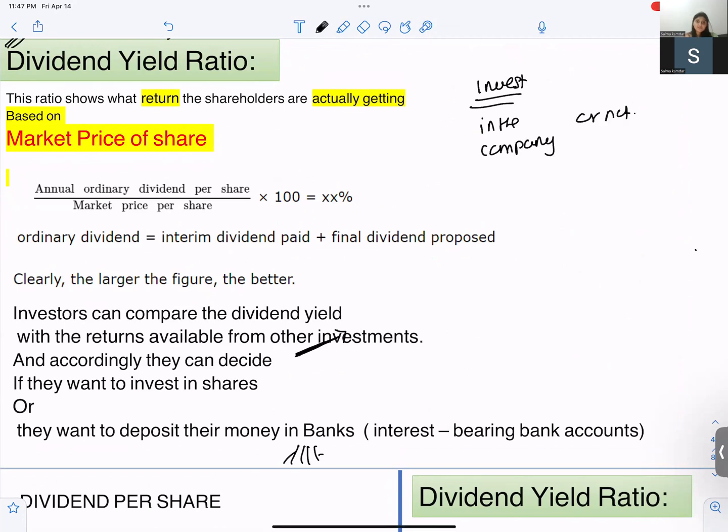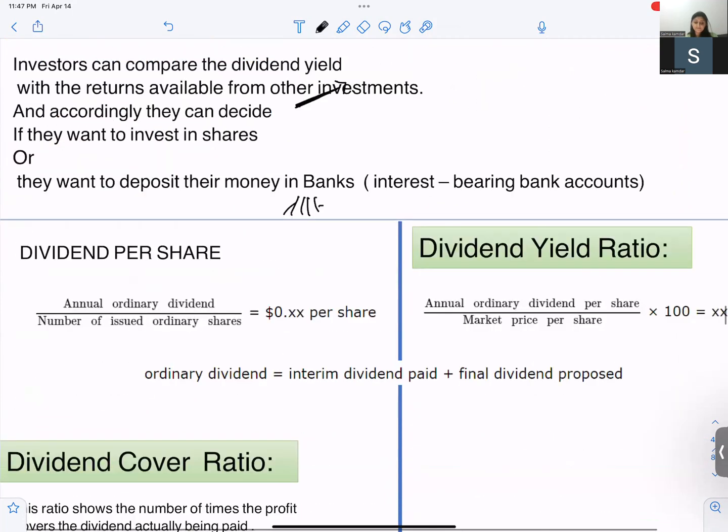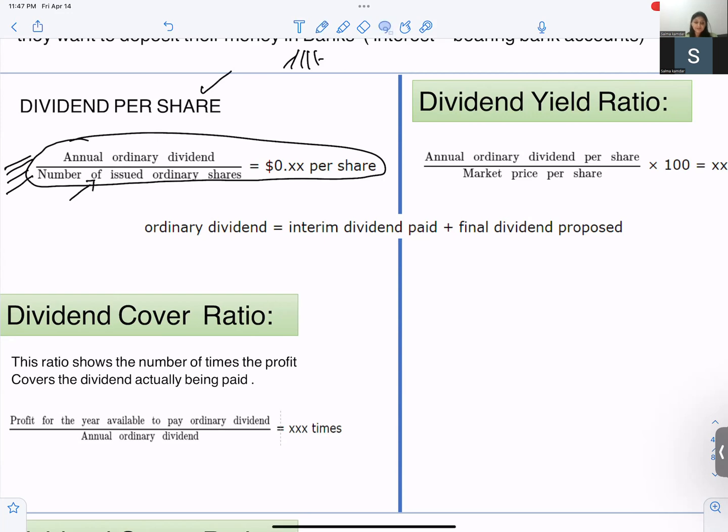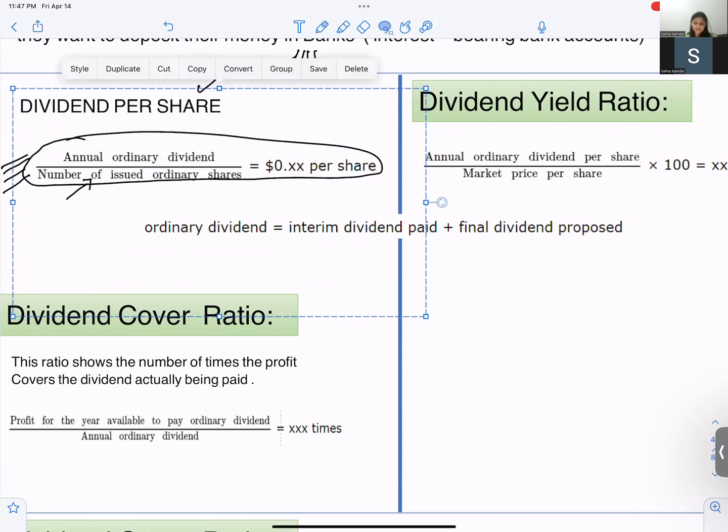So we did two dividend ratios. One was dividend per share, the other was dividend yield ratio. The formula for dividend per share is annual ordinary dividend divided by the number of ordinary shares issued.